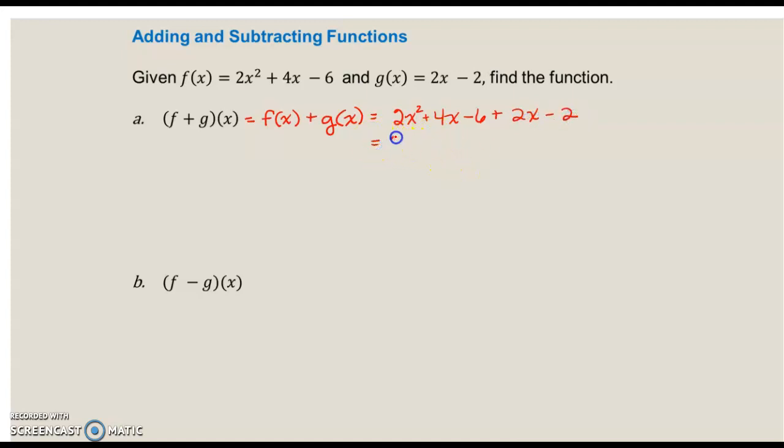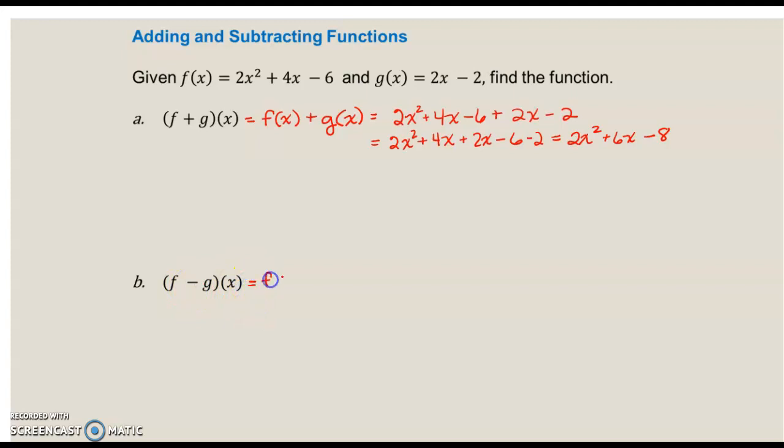And combine your like terms. 2x squared, the 4x and the 2x, then the negative 6 and the negative 2. That's going to leave you 2x squared plus 6x minus 8. And that is your new function f plus g of x.